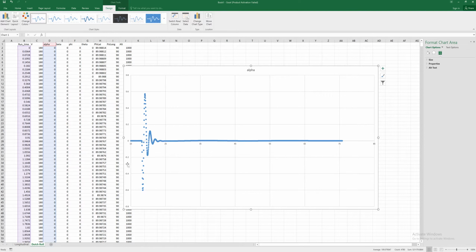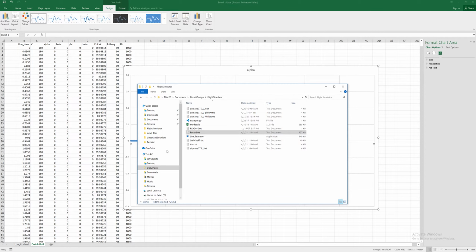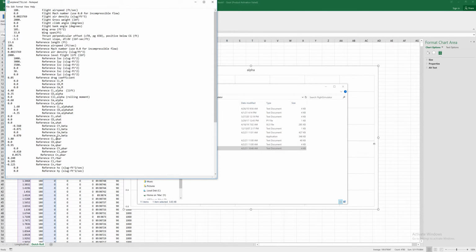Okay, so we looked at Dutch roll, and let's do one more thing with the spiral mode. So I'm going to come back in here to this input file. The spiral mode is kind of this trade-off between yaw stability and roll stability. Here's my yaw stability derivative, Cn beta, and that's positive.